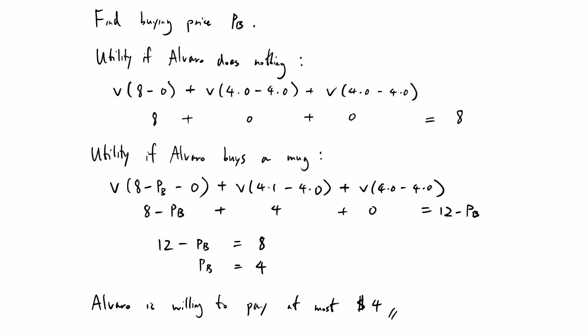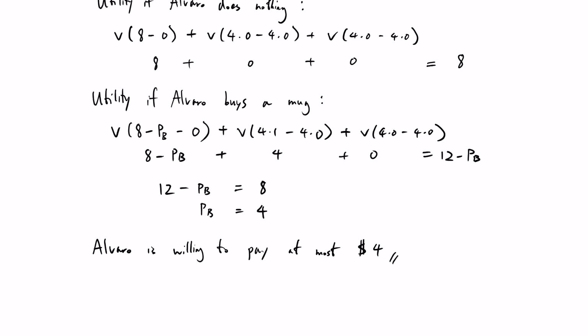Part D. Argue briefly that Avero's buying and selling prices for pens are the same as for mucks. Well, this would be easy because the utility function is identical. So part D is actually quite easy.